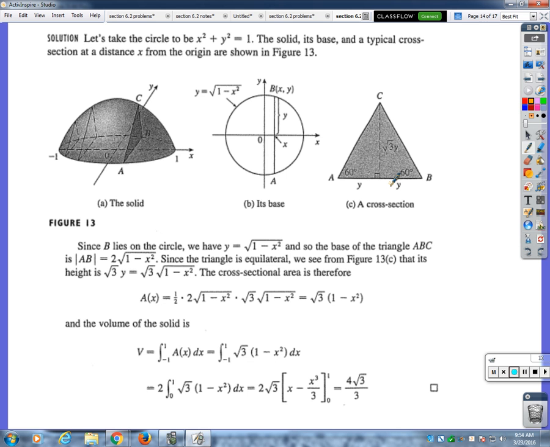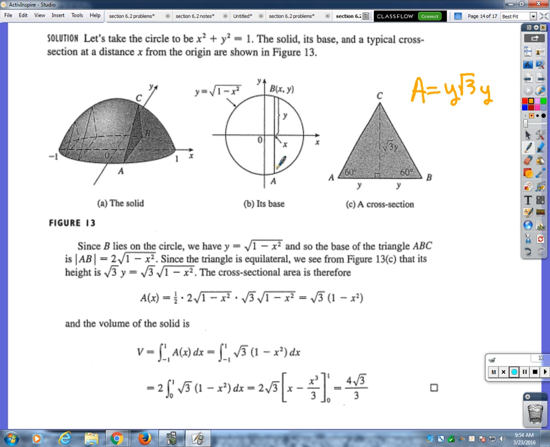So the area is going to be 1/2 the base, which is y, times the height, which is the square root of 3 times y. Okay? But we're not using y in here because the width of the base is going to change depending on where you are drawing that equilateral triangle, right?